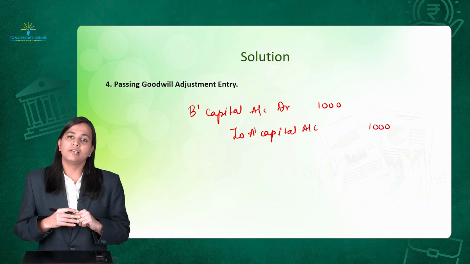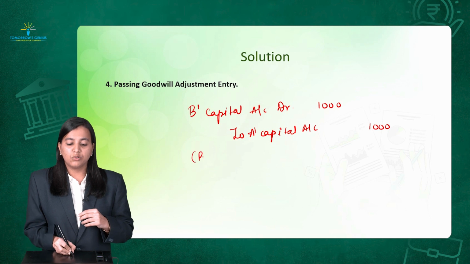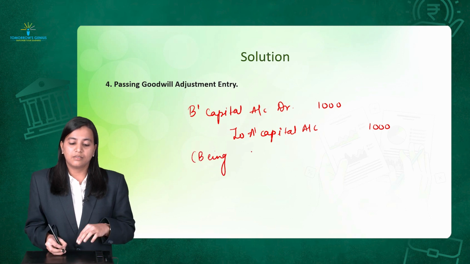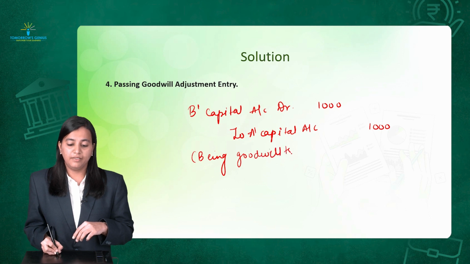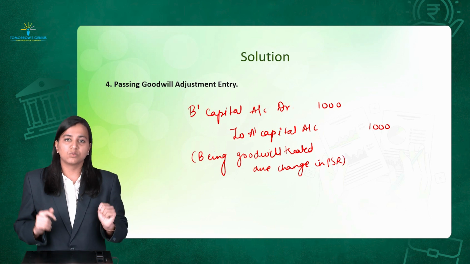So 1,000 will be credited to A's account, and in the narration you write, being goodwill treated due to change in profit sharing ratio. And my question is over.